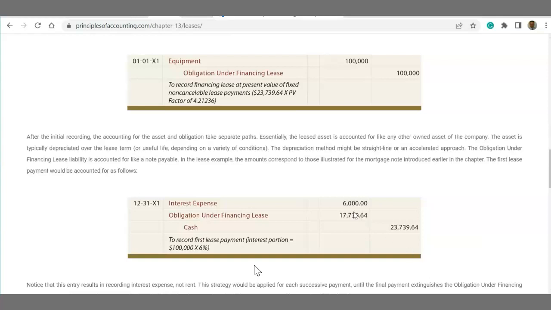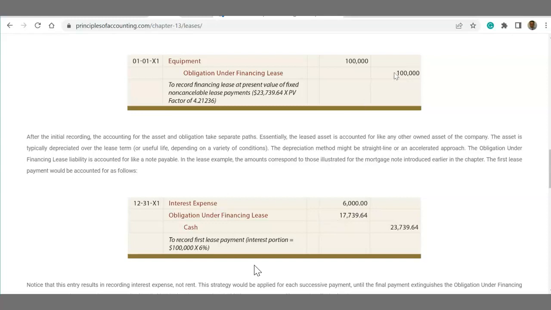And here again, it's showing you the journal entry in which you pay the annual payment for the lease, whatever it might be. From that annual payment, a portion is the interest expense to recognize. The other portion is the reduction of the obligation under financing lease.